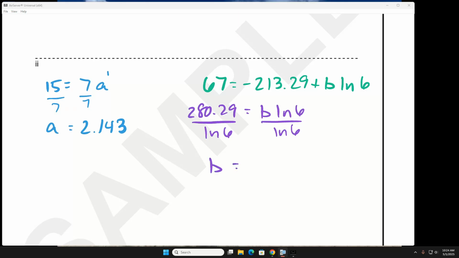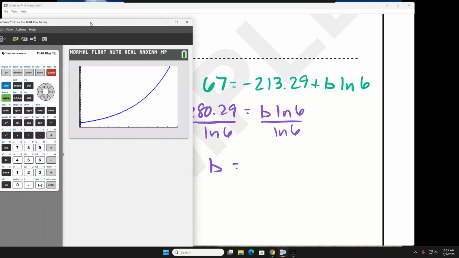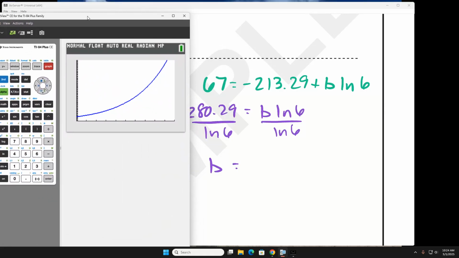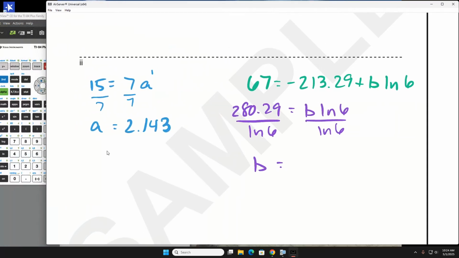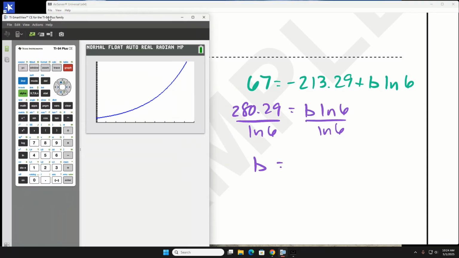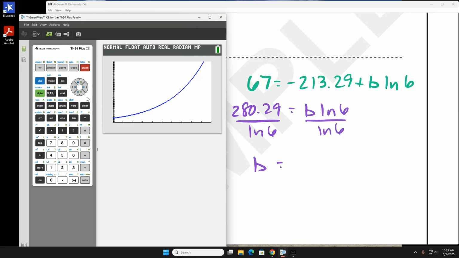Right. And then I know you guys have been practicing multiple choice questions, but I'm not sure if you remember natural log. I don't know, it's easy.